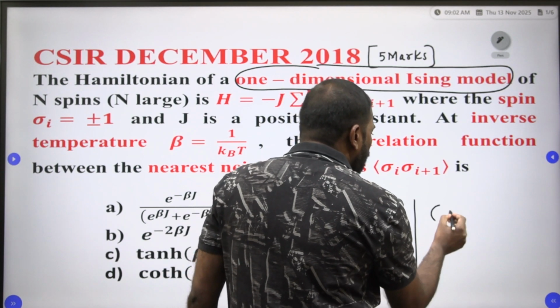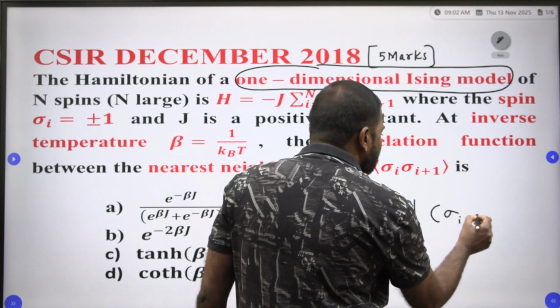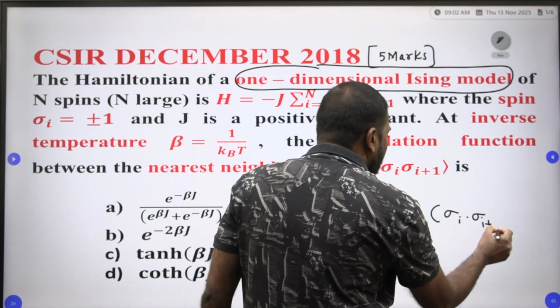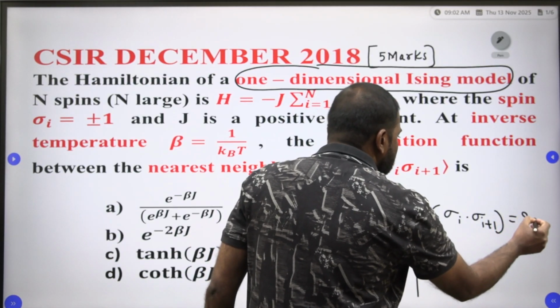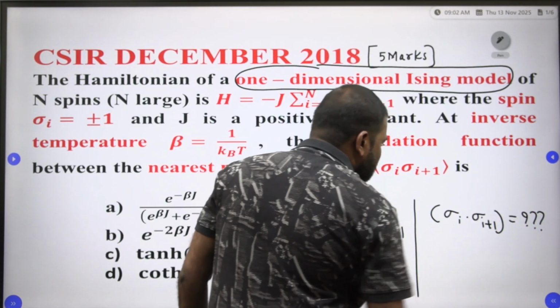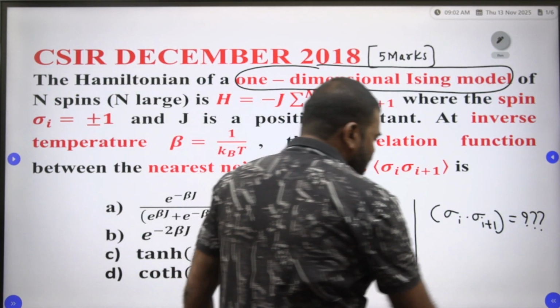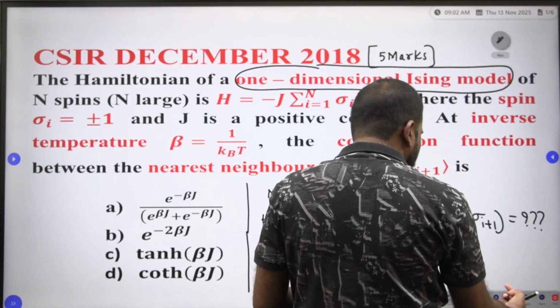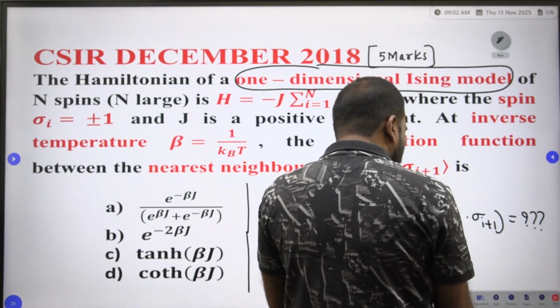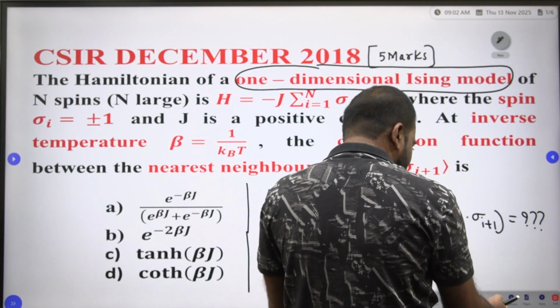Based on this problem, we have to discuss how to calculate the correlation function between the nearest neighboring spins.